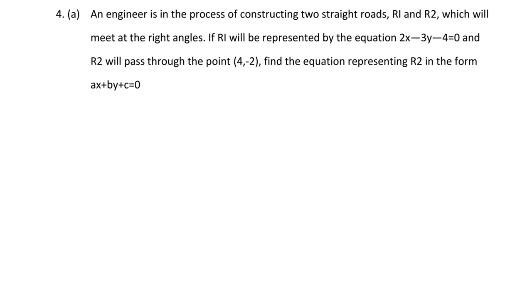Okay, so this is a coordinate geometry problem. Our given equation is 2x minus 3y minus 4 equals 0. Now let us express this equation in the form y equals mx plus c by making y the subject of this equation.